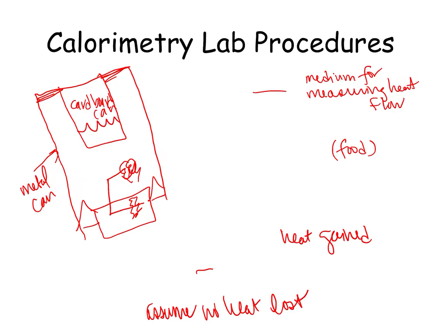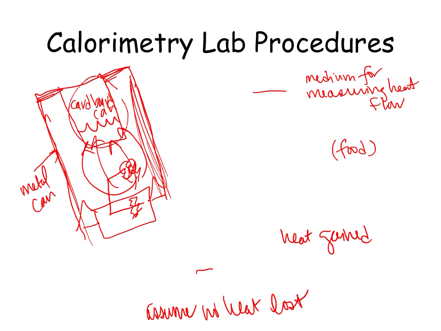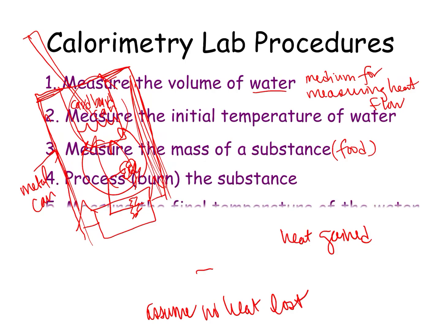Okay, so all the heat given off by this burning popcorn is going to go into the cardboard can, into the water. The metal here is going to conduct the heat away. The cardboard is going to absorb it. And so then we'd stick a thermometer in here and we'd measure the temperature change. That is a terrible drawing, and I apologize, but hopefully you'll get to see it in the lab. So there's that.